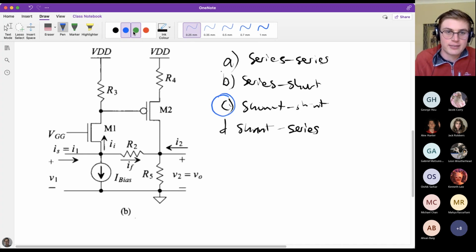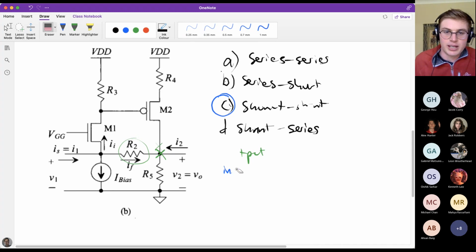So let's verify. Let's say our output is green. We're taking output at this node, and our output of our feedback network is also this node. Actually, that's not a good way to do it.